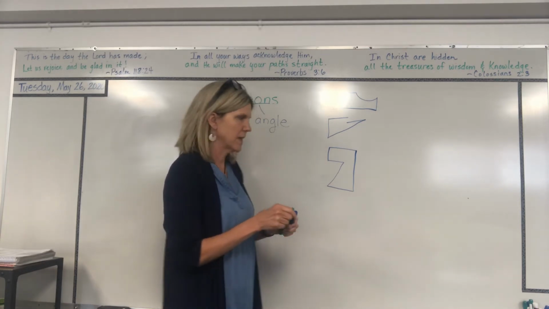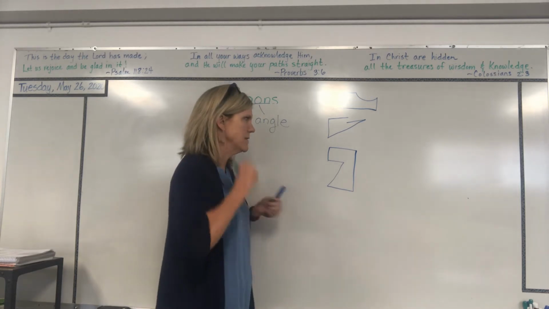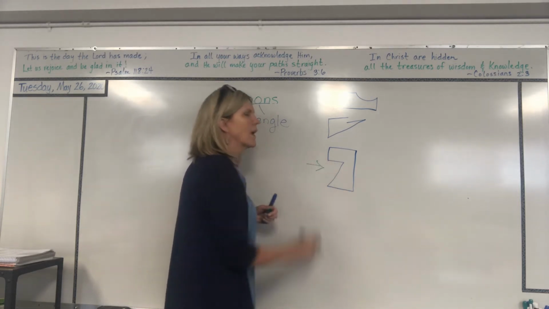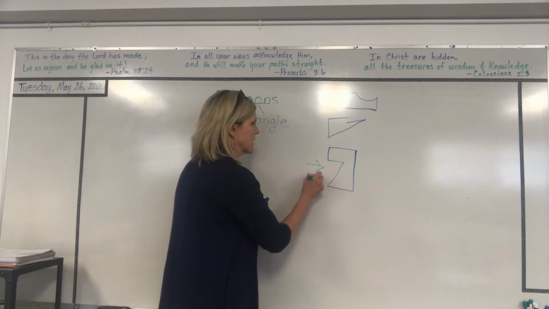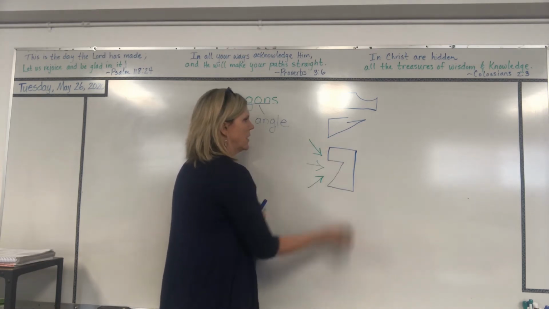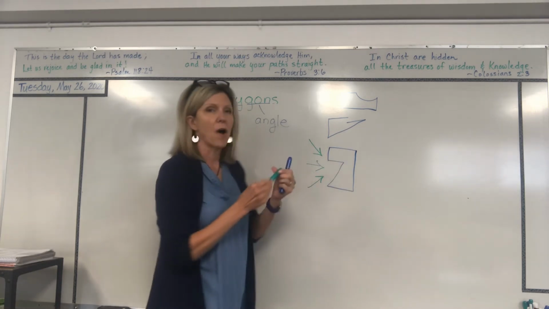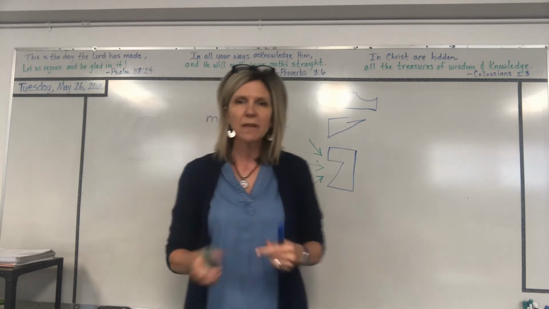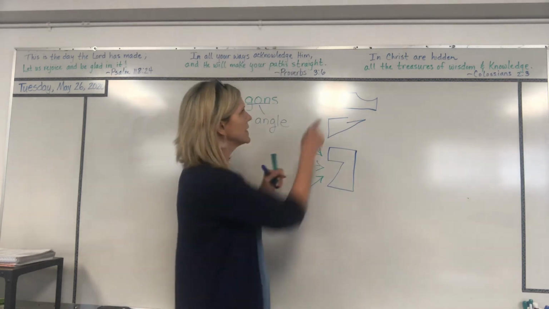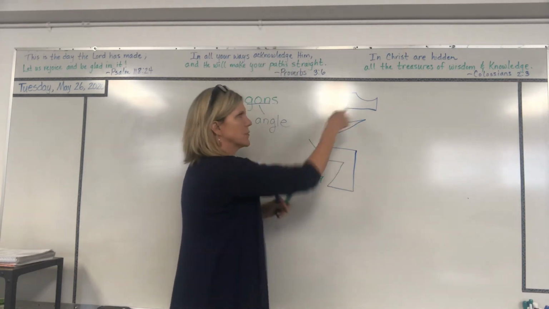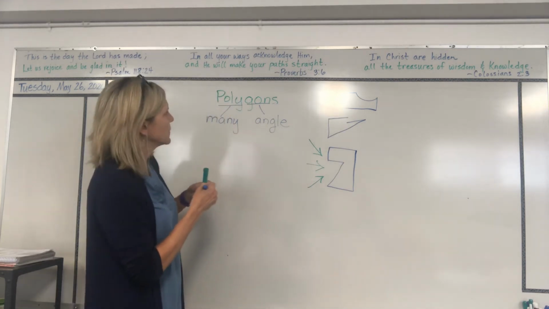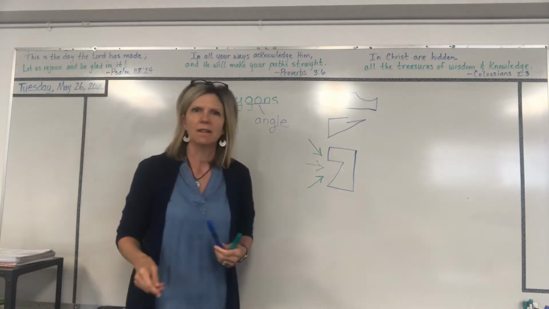Okay, well if you guessed this one, you are right. Ding, ding, ding. This is a polygon. Okay, a polygon, I'm gonna give you a little chant. And then you'll see why these two are not polygons. So I'm gonna write it up here, then a polygon.